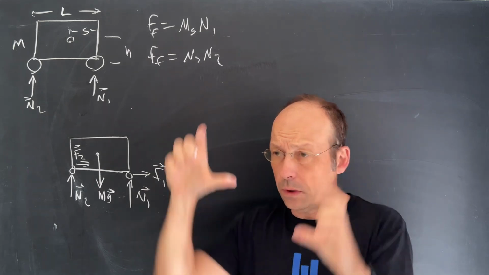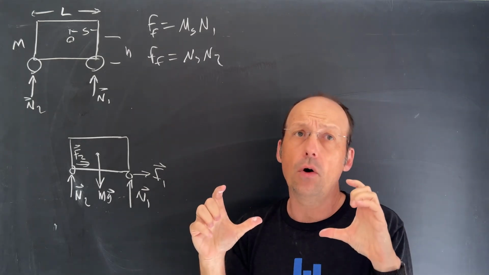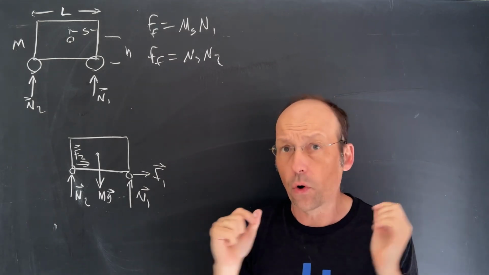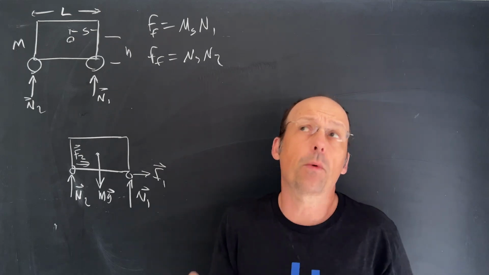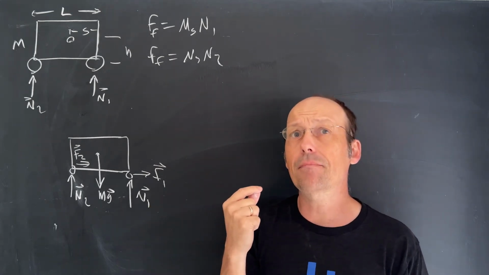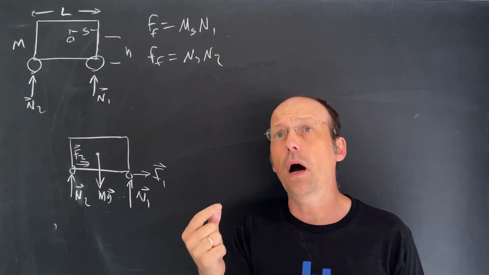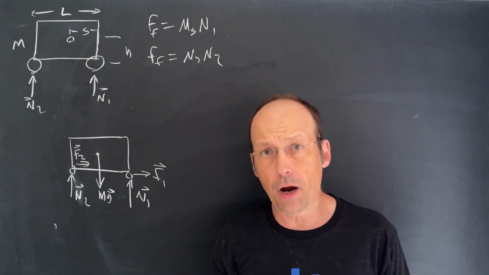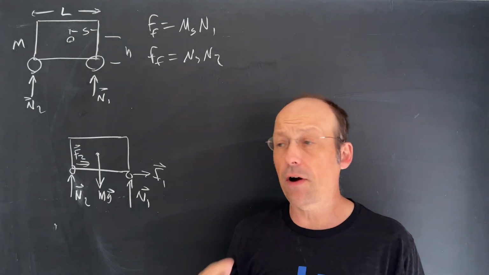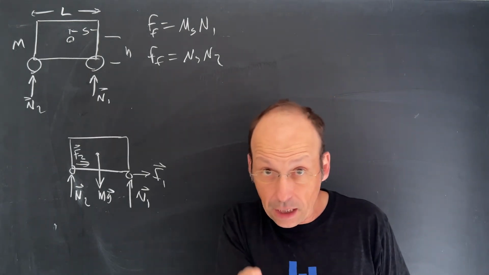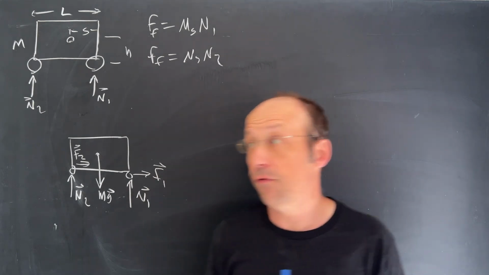But how do I deal with the rotational motion, or the lack of rotational motion, the torque in the car? This is where we're going to have a problem. I need to use the reference frame of the car. And if I want to use the reference frame of the car, which is accelerating, then I'm going to need to add a fake force.